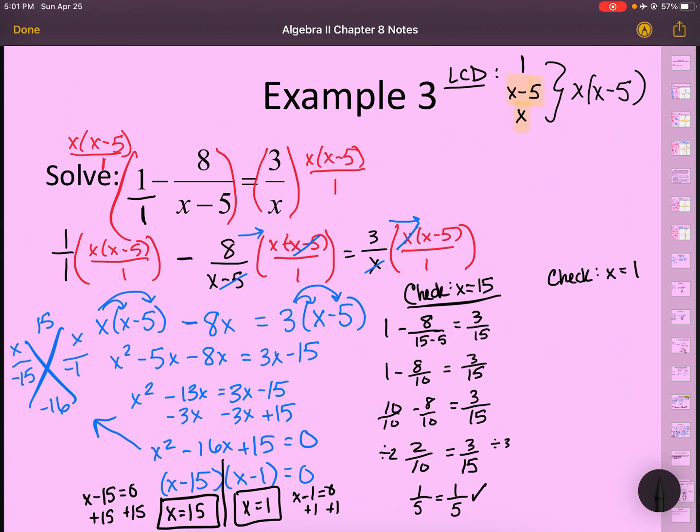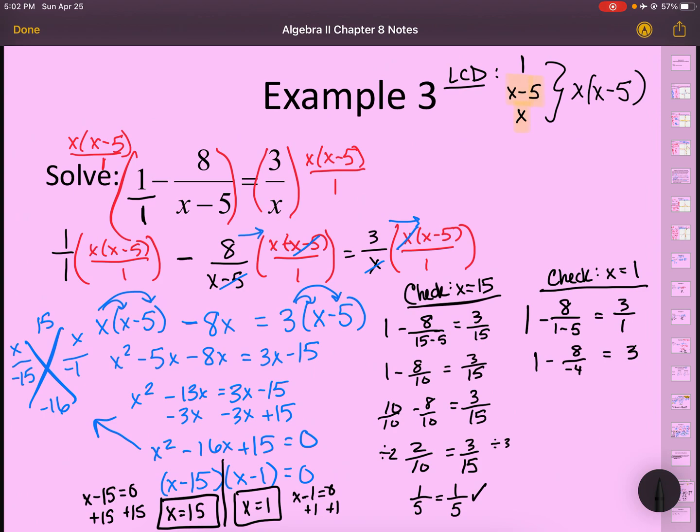And if I check if x is 1, I got 1 minus 8 over 1 minus 5 equals 3 over 1. Okay, so here's the simplified.